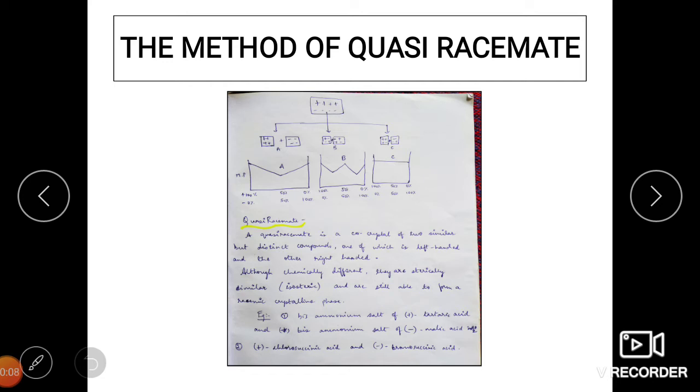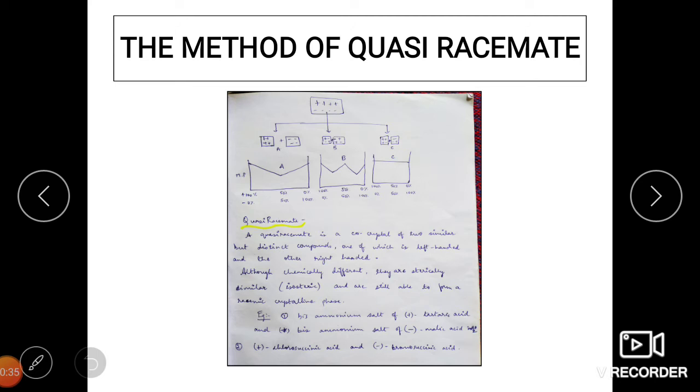Here the peak is 100% of one kind of enantiomer, and as it descends, there is 50% of both enantiomers, and then again as it increases, the peak represents 100% of the other enantiomer, either plus or minus. So that is how we represent the melting point for the conglomerate.